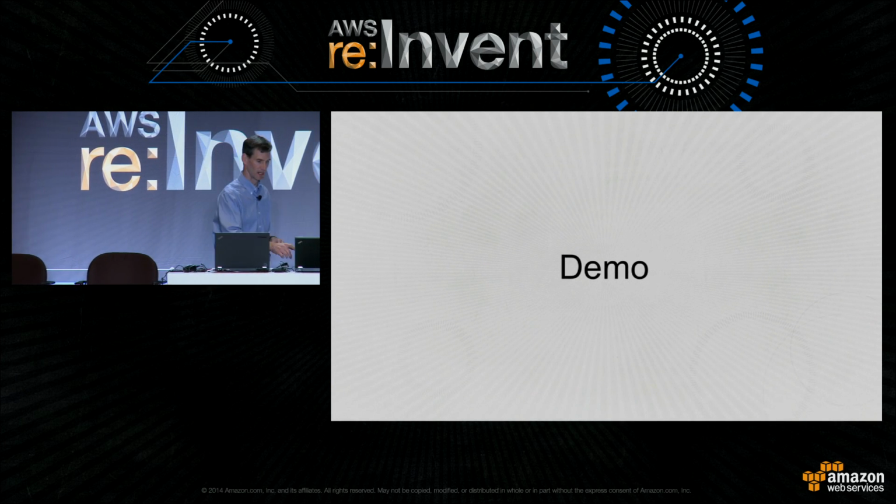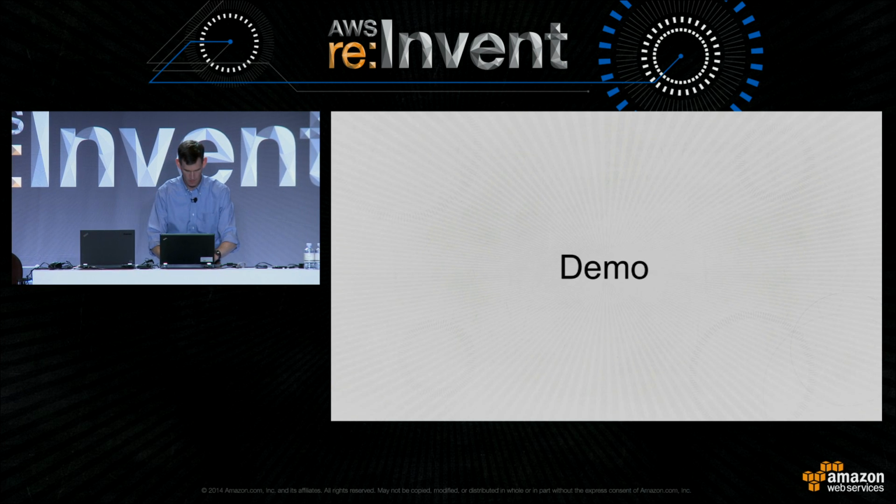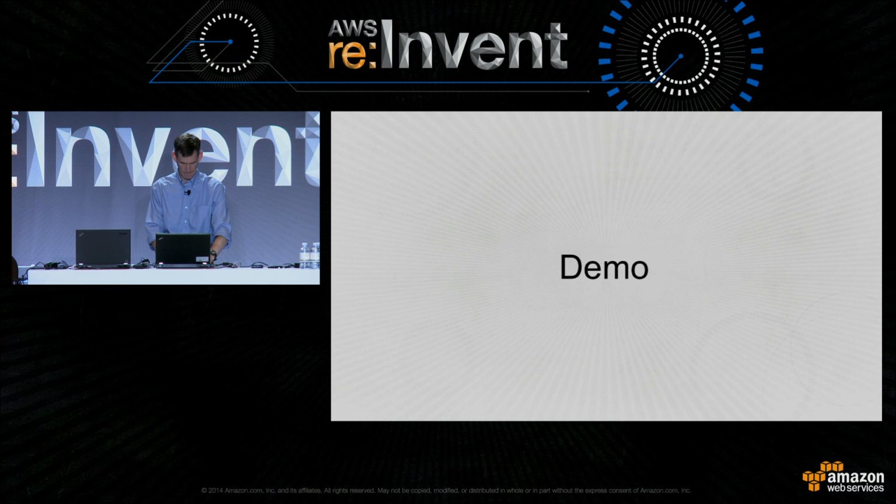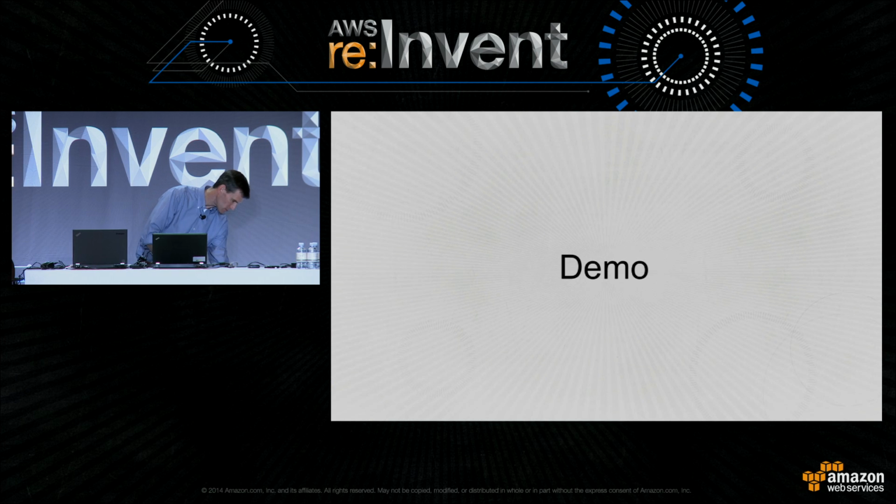All right, let me set up for this next demo. So I'm actually running the Java code here in Eclipse locally. You could, of course, run it in EC2 or many other places, as was shown. And let me switch over.